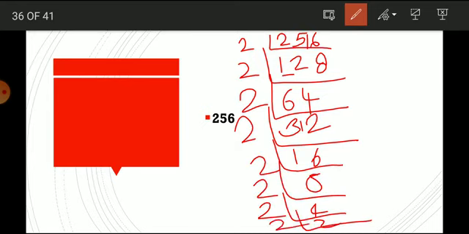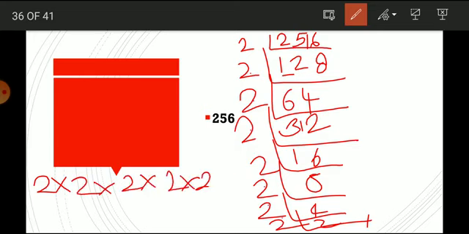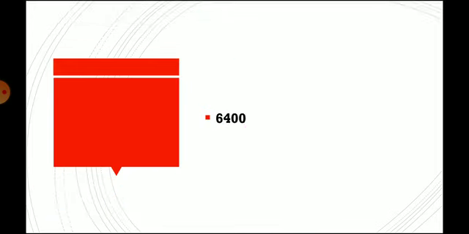Again I take 2 means 1. So the answer is, how many 2s? 1, 2, 3, 4, 5, 6, 7, 8. It is 2 into 2 into 2, eight times. In this 6400 you should do it in your notebook.